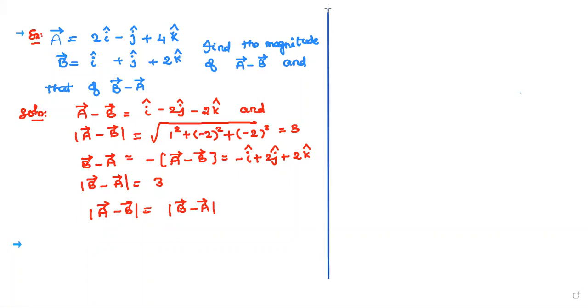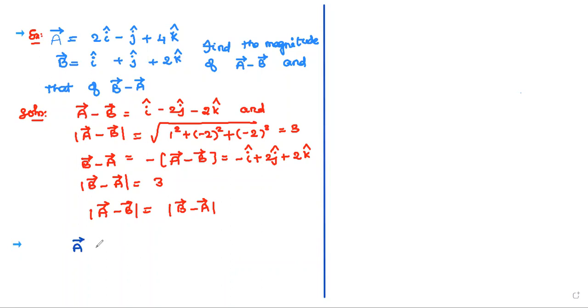Coming to the second example here. This time, what I'm writing here, a bar is equal to i cap plus 2j cap plus 3k cap.